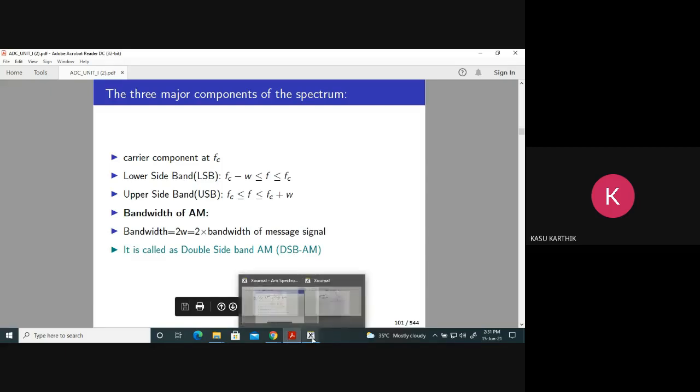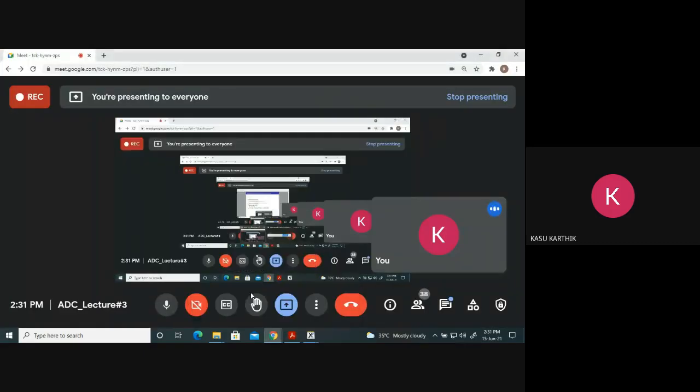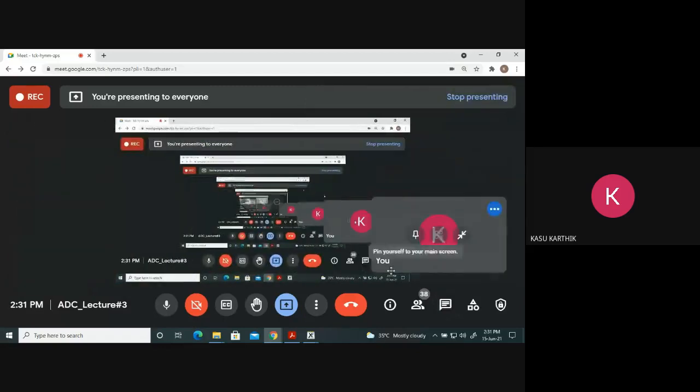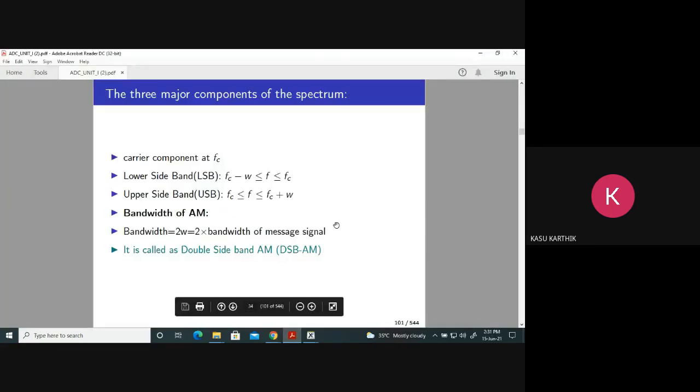It is a communication resource, which means you must use it properly. So you have to preserve the bandwidth of a channel.